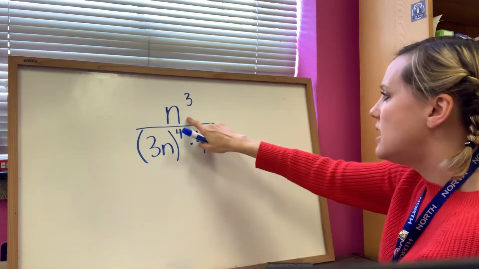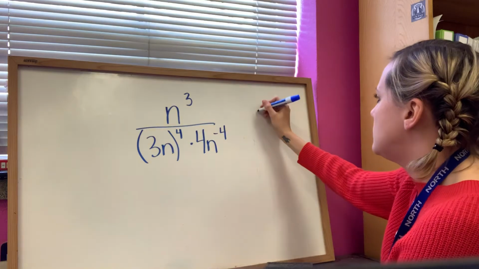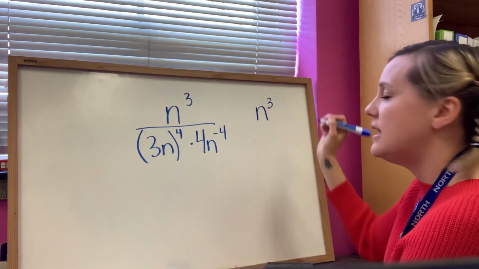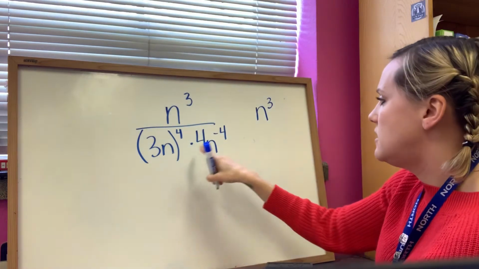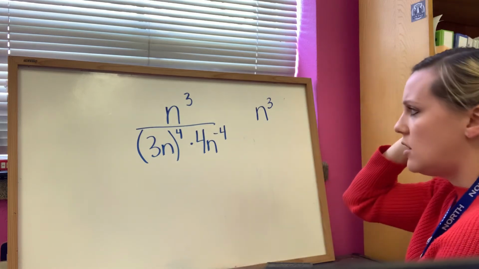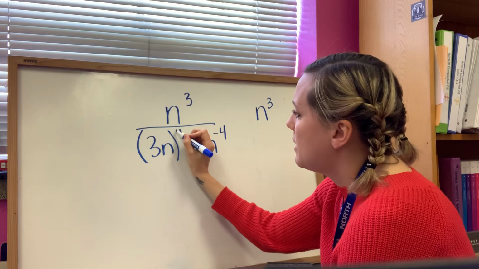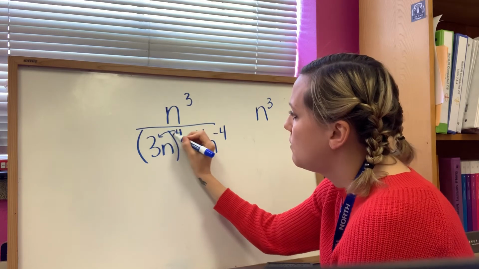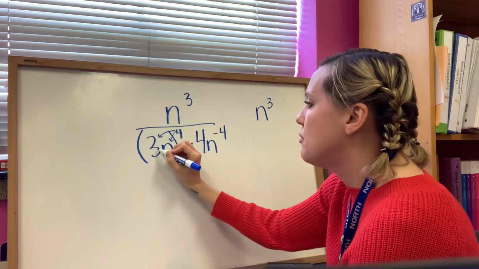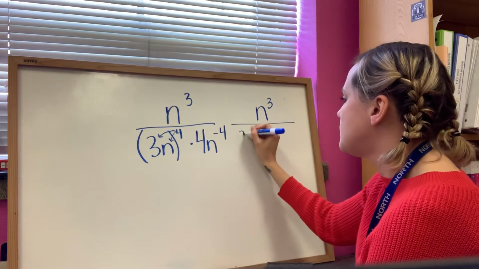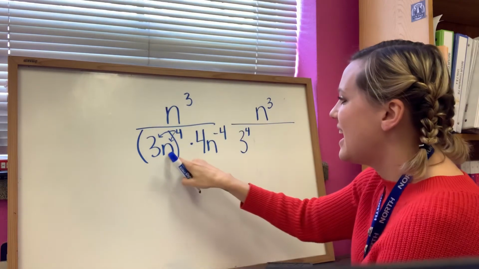Okay, since I don't really have anything going on up top, I'm just gonna rewrite that n cubed, and I'm gonna solve this. Okay, so since both of these inside here are to the 4th power, I need to distribute that 4th to both of those. So I'm gonna have 3 to the 4th and n to the 4th.